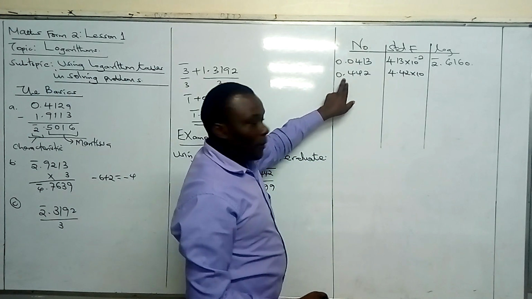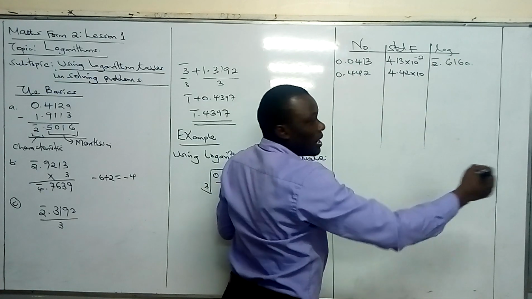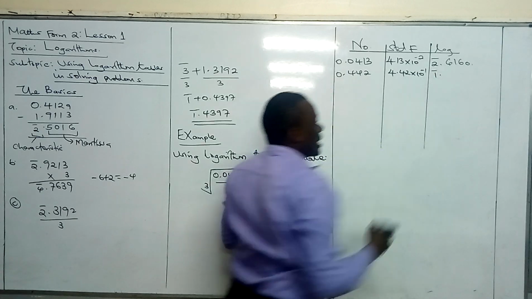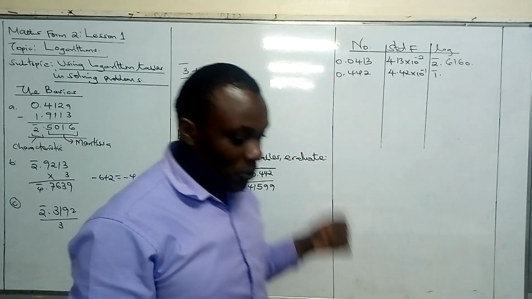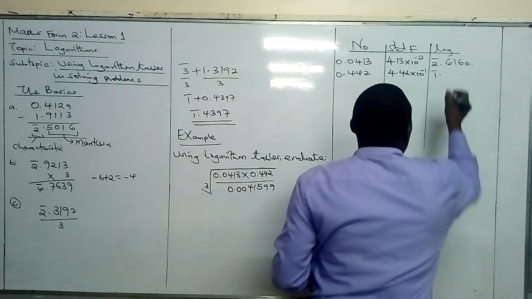The decimal is here. We moved it to this given point. We made one step towards our right. So that's a minus 1. This minus 1 becomes our characteristic. Then we look for 4.42, which is 6454.